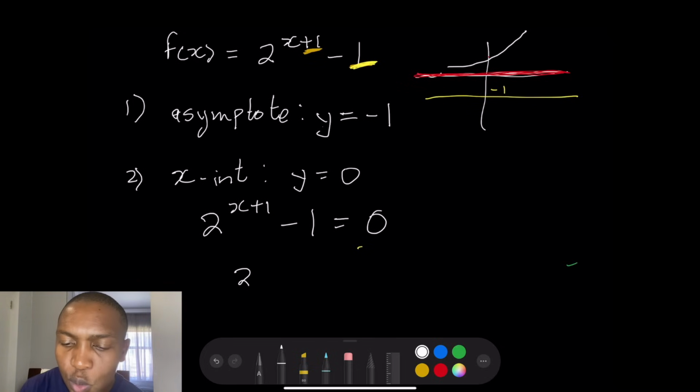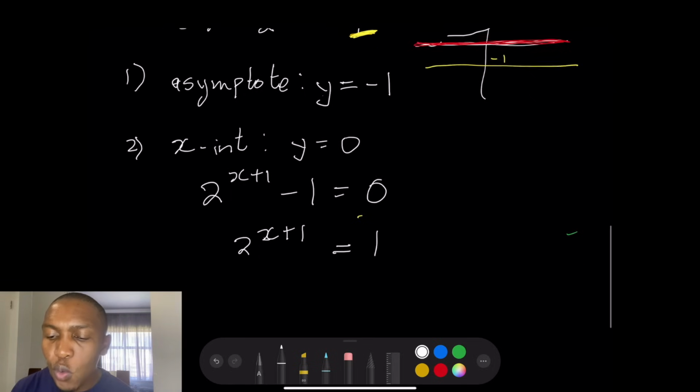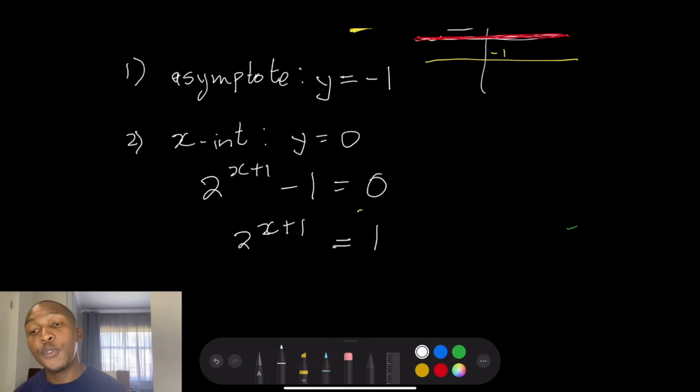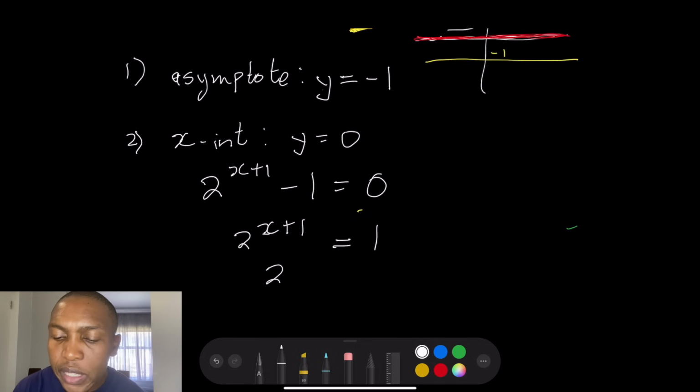So this is going to be 2 to the power x plus 1 is equal to 1. So what we do when we are dealing with exponents, and of course we're going to get to a time when we just deal with exponents, I know, because we're trying to cater for matrices at the moment, but we'll get to that time. So what we do, we try to get the bases to be the same. So in this case, I've got 2 to the power x plus 1.